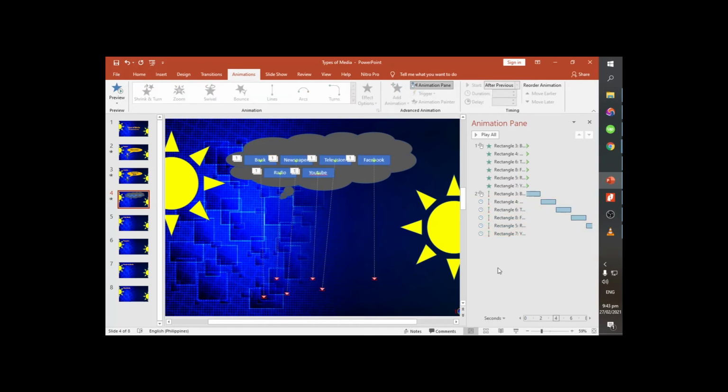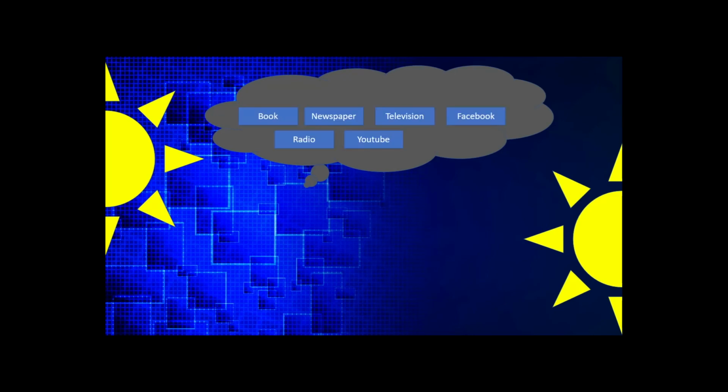So if you're going to play that, Shift F5, see. So these are the content, and then goes raining, it's raining, and raining. Okay, so that's it.